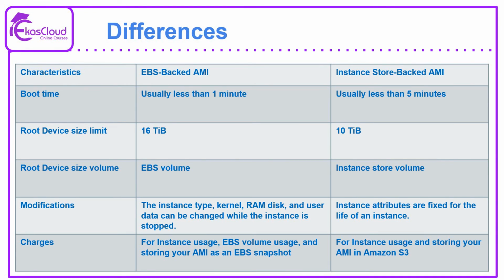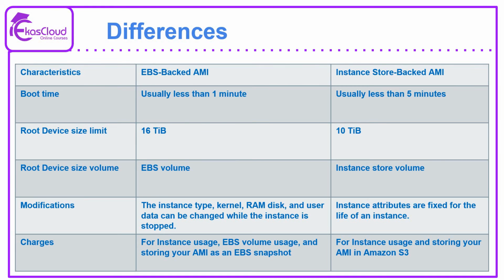For the two types of volume storage that we discussed in previous slides, I just want to quickly talk about the differences between the two. If you do decide to go with the EBS-backed AMI, the boot time is usually very fast, about 1 minute.